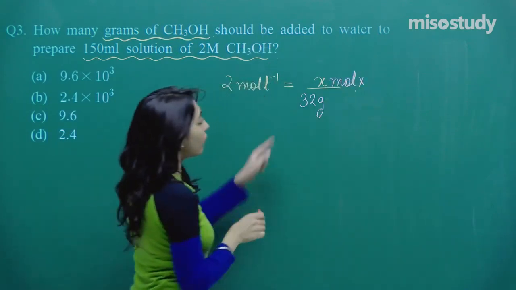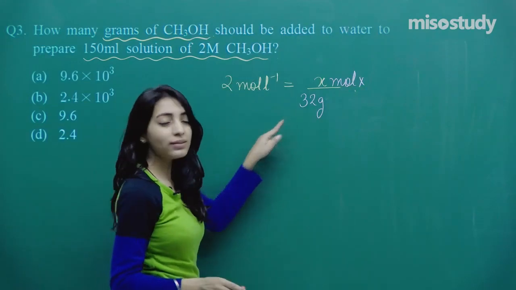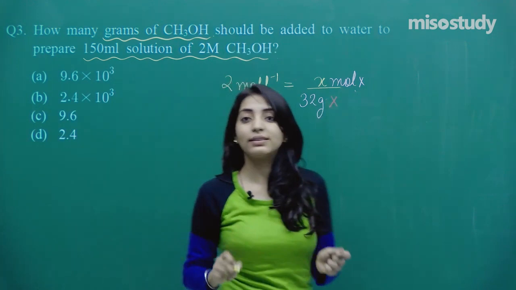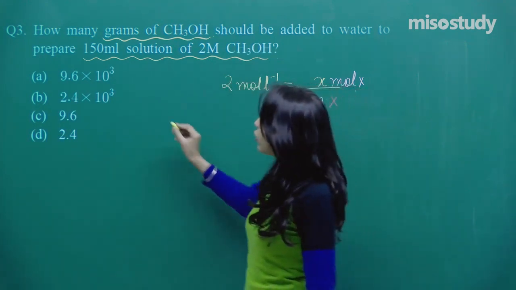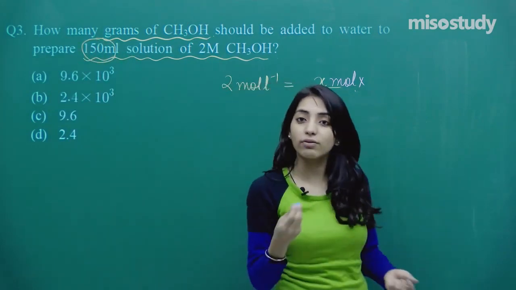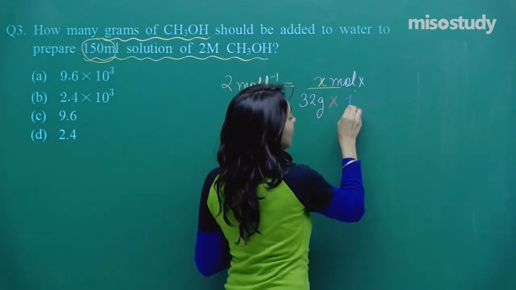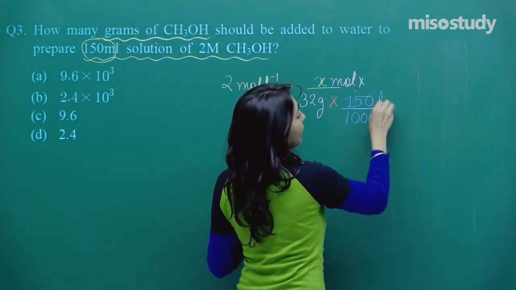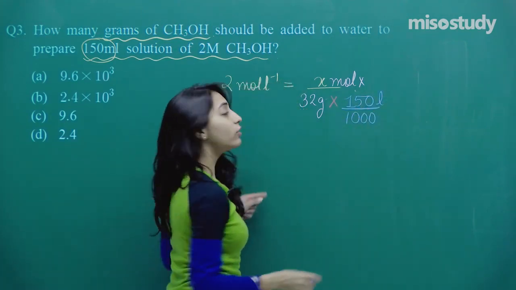Okay, so given mass by molar mass divided by the volume of solution, which is taken to be there in liters. You can see that the volume is given to be 150 ml. So convert it to liters, you will get 150 divided by 1000 liters, right? So what should I get?